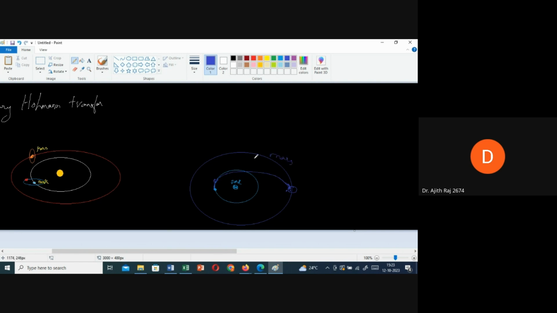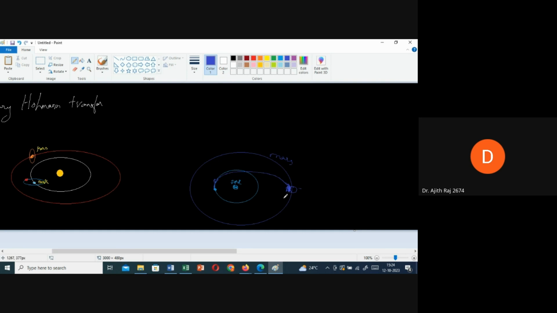This is the orbit of the Mars. So now what you will do is, at this point, again you will give a velocity kick. This is still within the Earth gravitational field, but when it comes to this point, Mars is also there. So this spacecraft will experience gravitational force from both the Earth and the Mars.